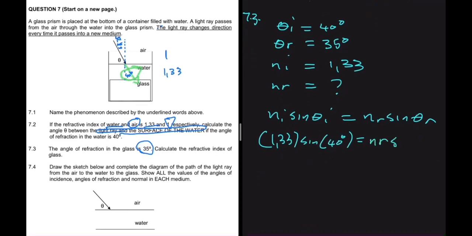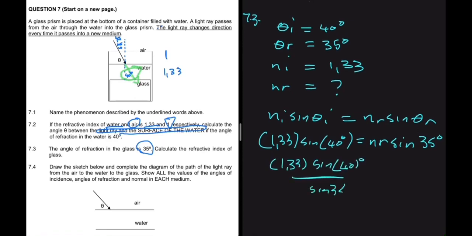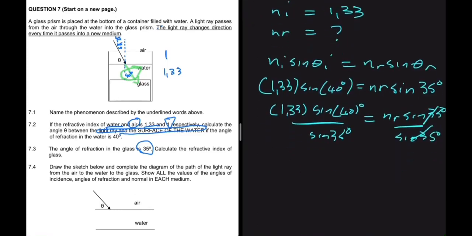And then the angle of refraction from water to glass is given to us as 35 degrees, right? So now we're going to say 1.33 multiplied by sine of 40 degrees divided by sine of 35 degrees is equal to Nr multiplied by sine of 35 degrees divided by sine of 35 degrees. We're solving for Nr, right?